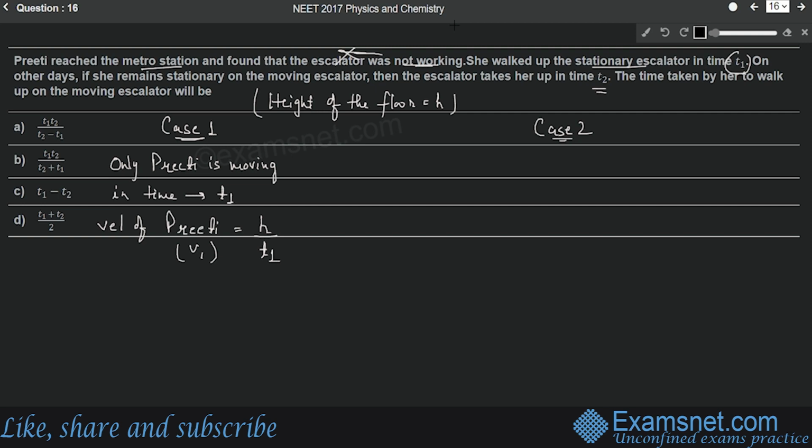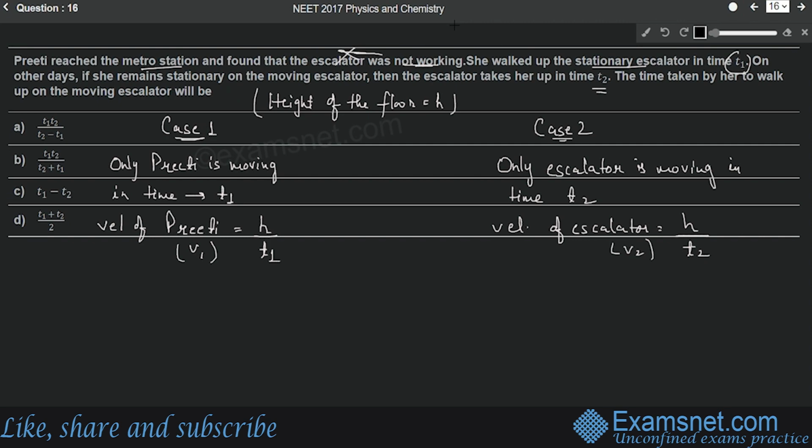That means in this case only the escalator is moving, and the time is t2. So what will be the velocity of the escalator? The total height of the floor upon the time taken by the escalator, t2. So this is v2. V2 is equal to h upon t2.